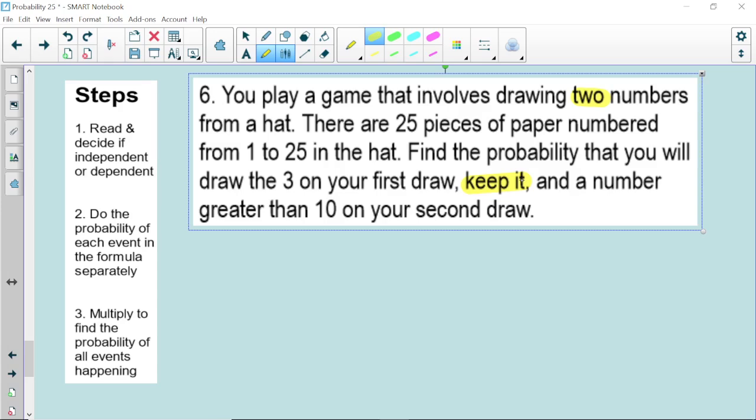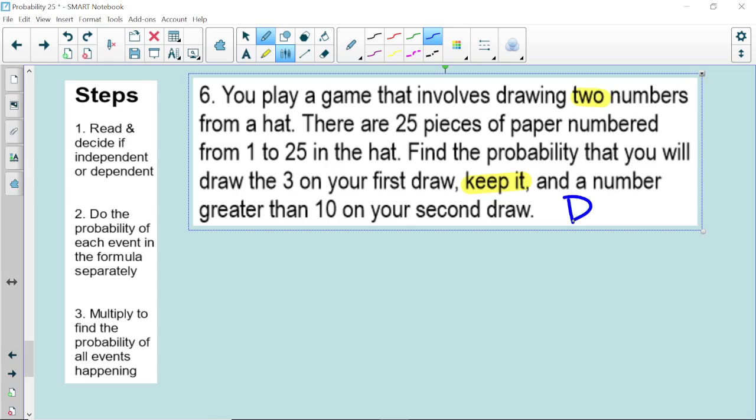So is this independent or dependent? Why is it dependent, Abby? Because again, we're taking one guy and then we're keeping that. So when we go to take the second number, our second event, there's a different probability, there's a different amount of pieces of paper left over.